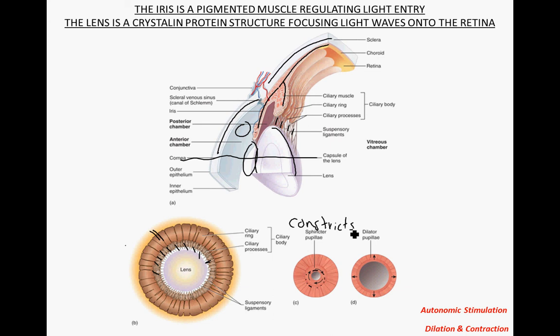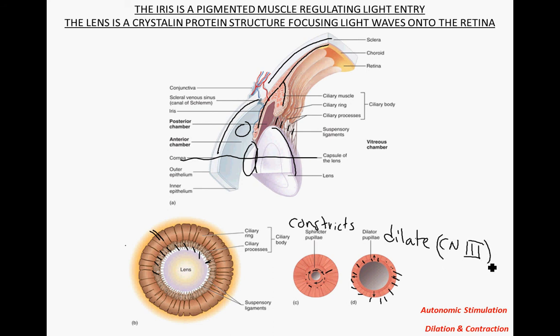The other layer of muscle is outside of that, and the fibers run more radially, right, instead of circularly, and this is causing the pupil then to dilate. So what is causing this?